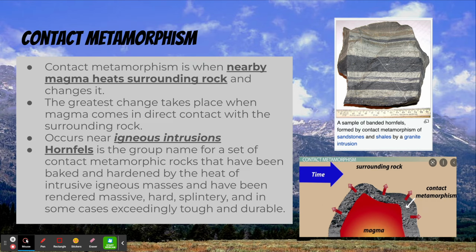So the actual igneous rock, the granite, was cooled rock from magma, so that rock surrounding that magma is getting metamorphosized into a new rock.